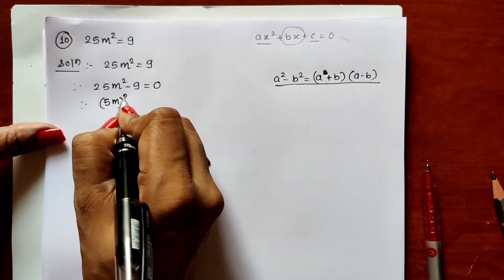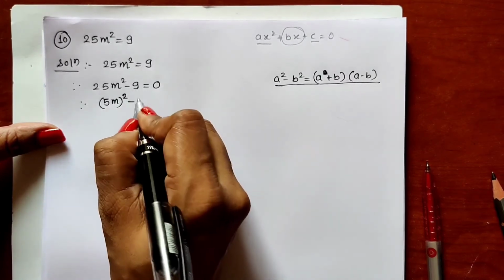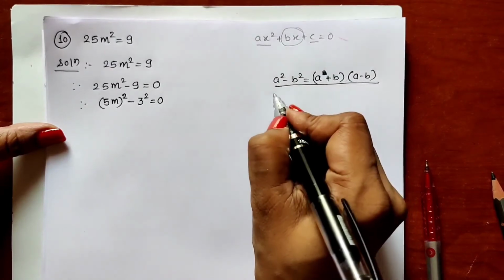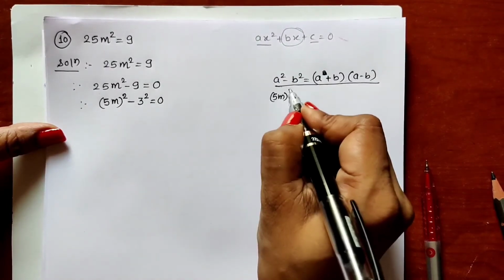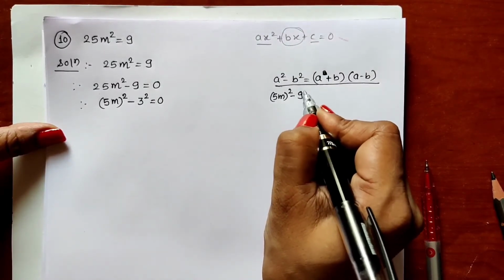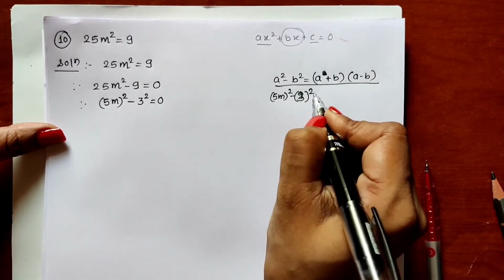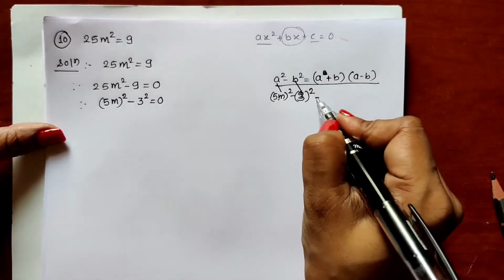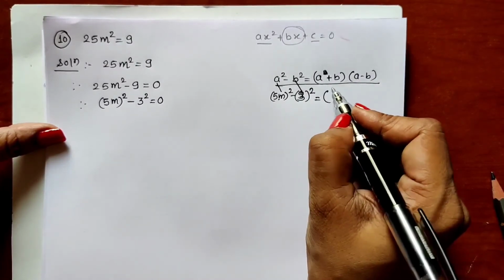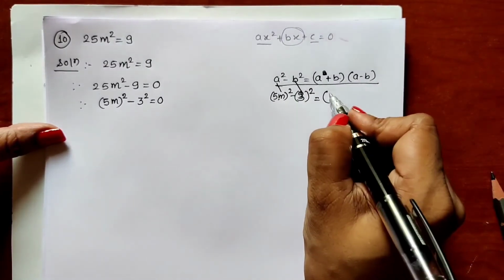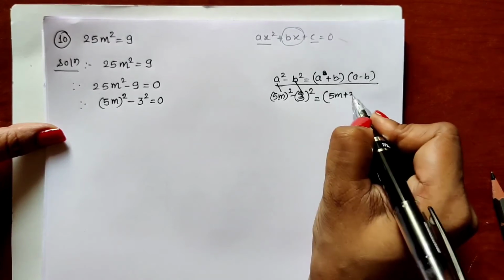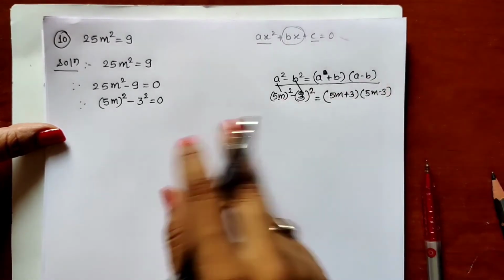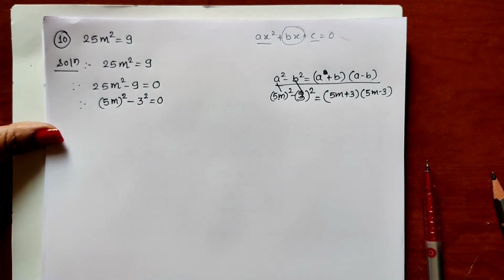So this is 5m square, minus 9 is the square of 3, so 3 square, is equal to 0. So a square means 5m square, b square means 3 square, correct? So our a is 5m, our b is 3. So this can be applied as the formula method. a plus b means 5m plus 3 and a minus b means 5m minus 3.